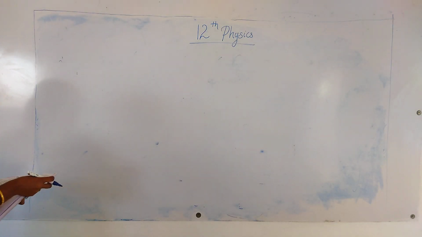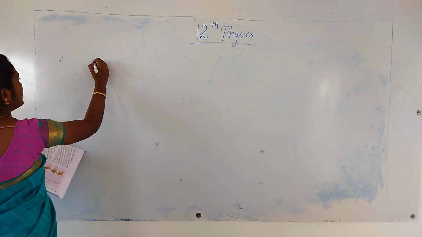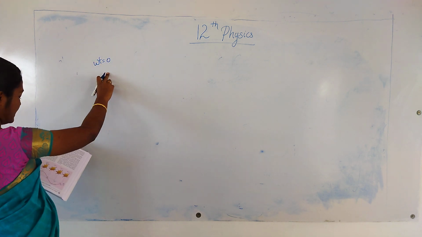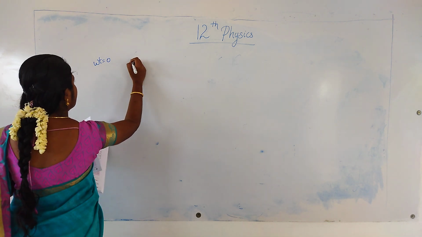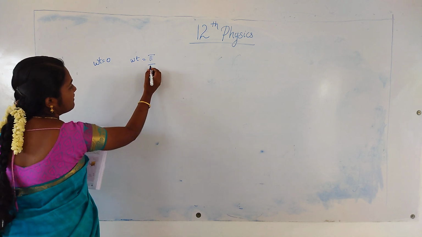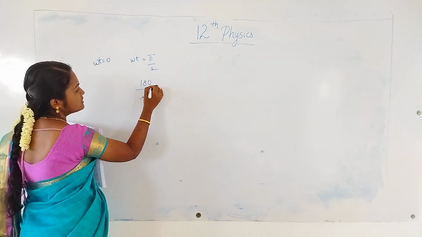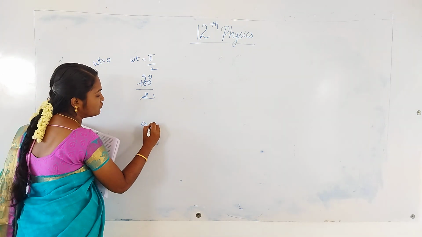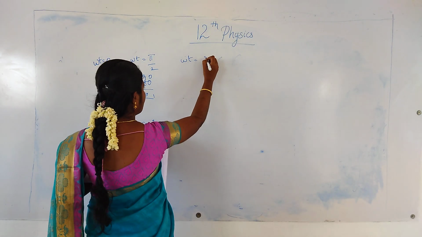See figure 4.29. Above the coil, there will be omega t equal to 0. Omega t equal to 0 means first we apply 0 degrees. Then omega t equal to pi by 2. Here the value of pi is 180. Then 180 by 2 is 90 degrees.